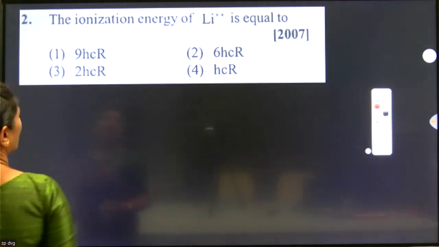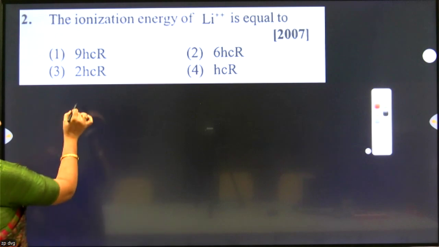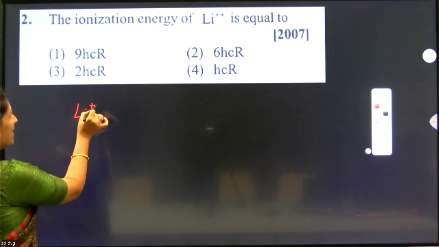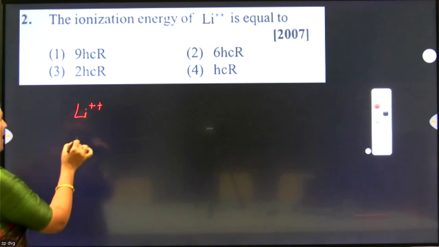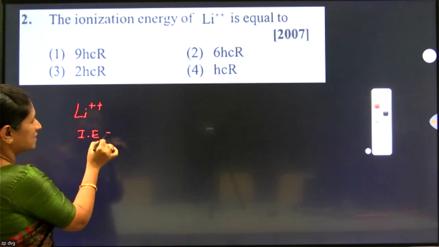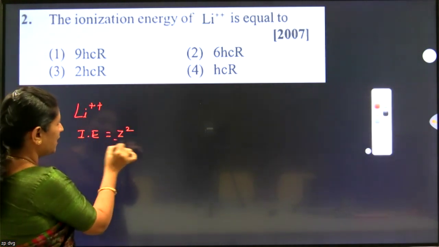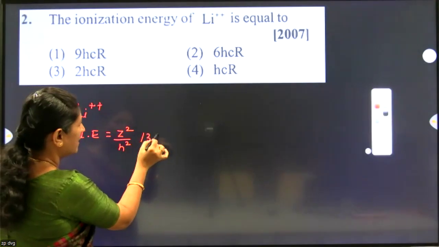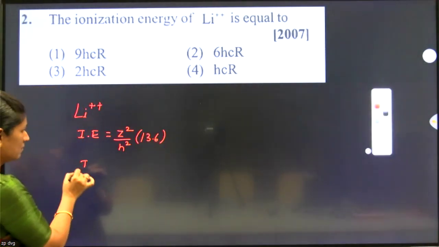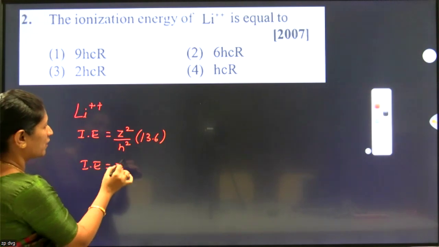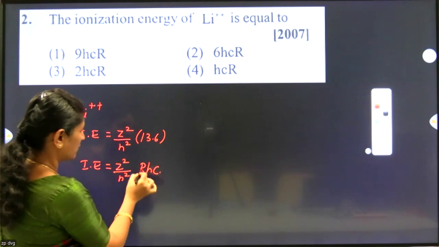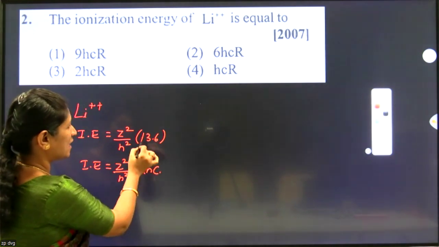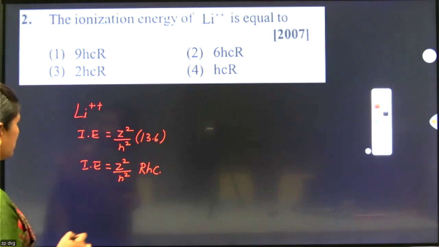Second question, the ionization energy of lithium plus plus is, this is doubly ionized lithium ion. We know that ionization energy is equal to Z square by n square into 13.6 R. Ionization energy is equal to Z square by n square RHC, where RHC value is equal to 13.6.